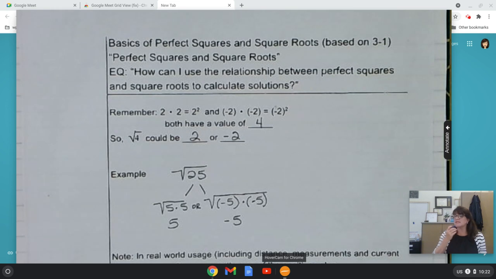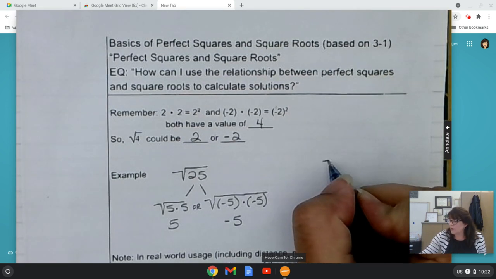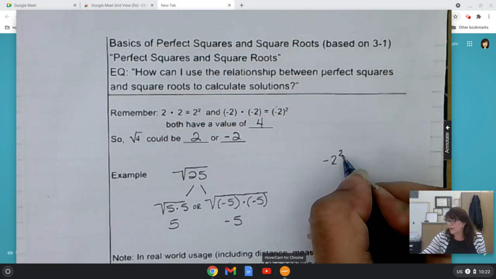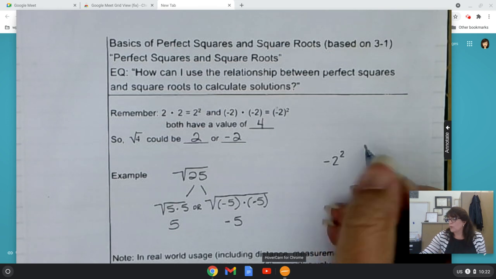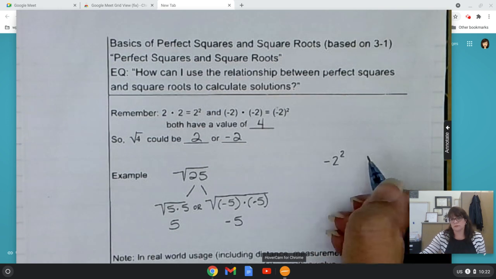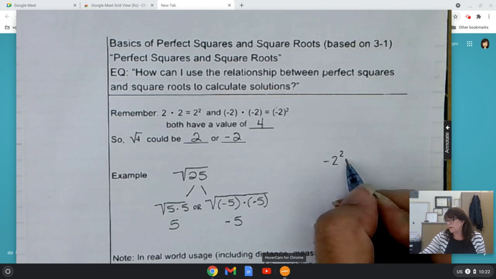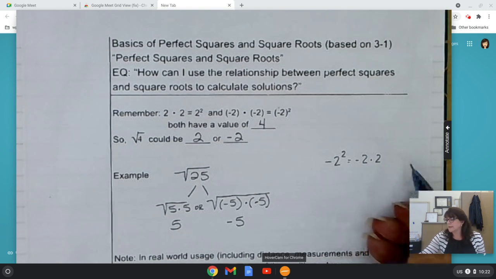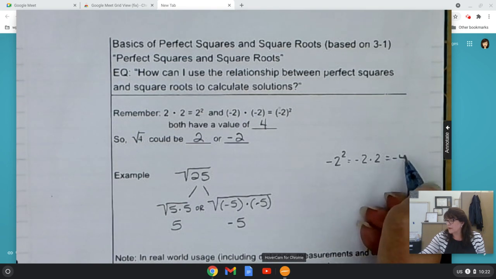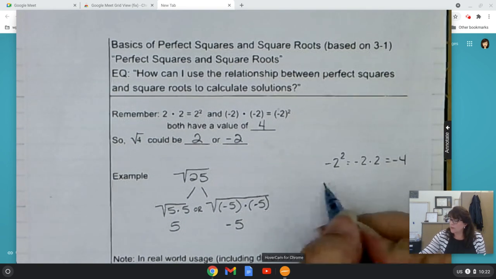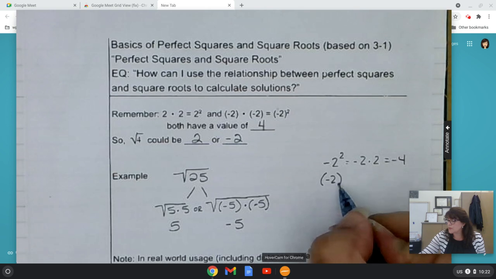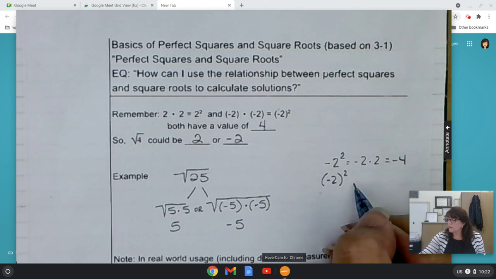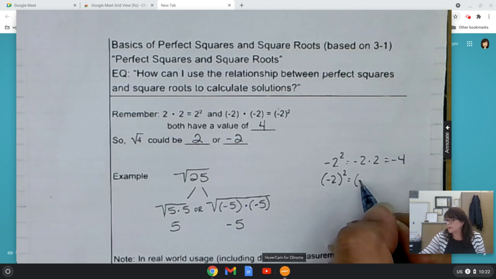Just as a side note, if I wrote negative 2 squared without parentheses, we're going to assume, and assuming is bad, that that's negative 2 times 2, and that would be negative 4. If I write the quantity negative 2, squared, we're going to assume negative 2 times negative 2.